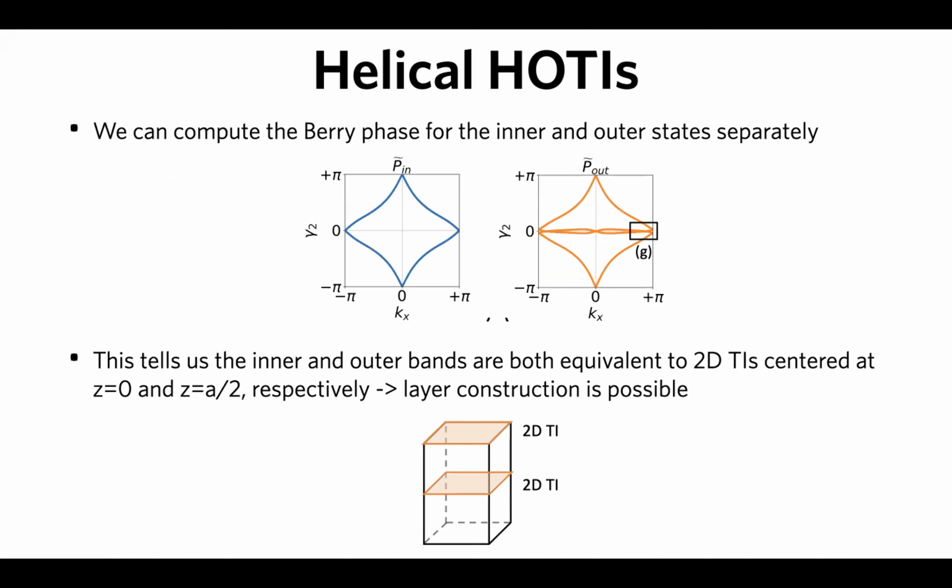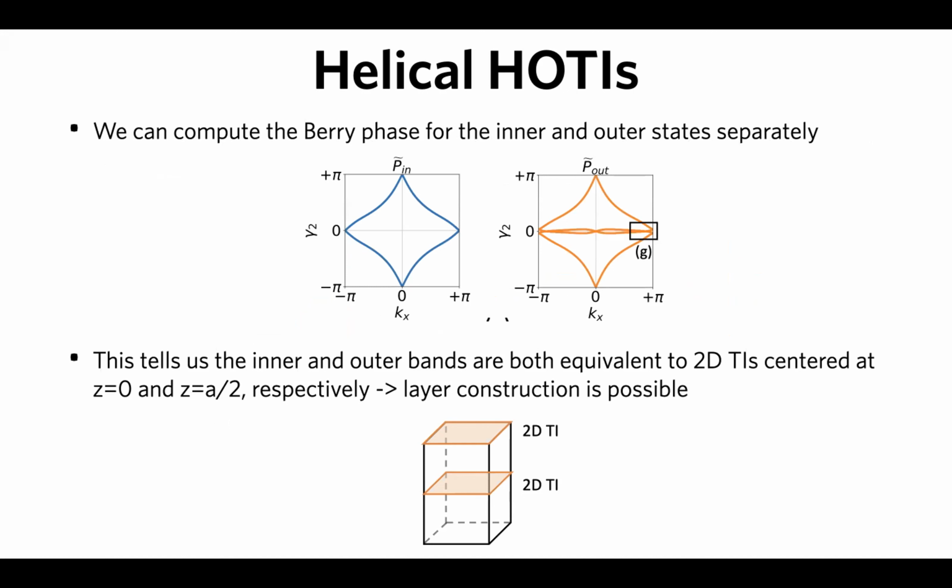And we find that the states near the origin of the unit cell have a hybrid Wannier spectrum that matches that of a 2D topological insulator with time reversal symmetry. The states at the boundary of the unit cell also look like a 2D topological insulator from the point of view of their Wannier centers.